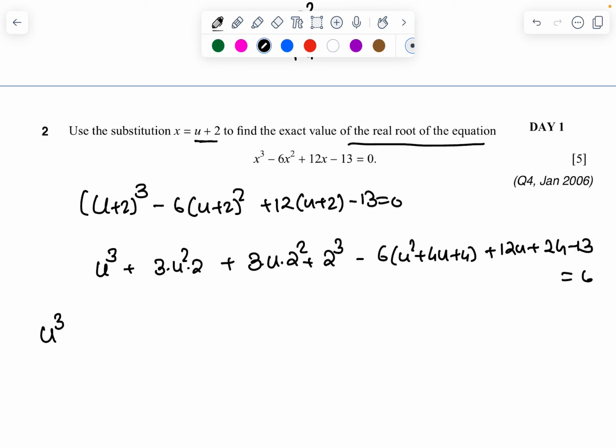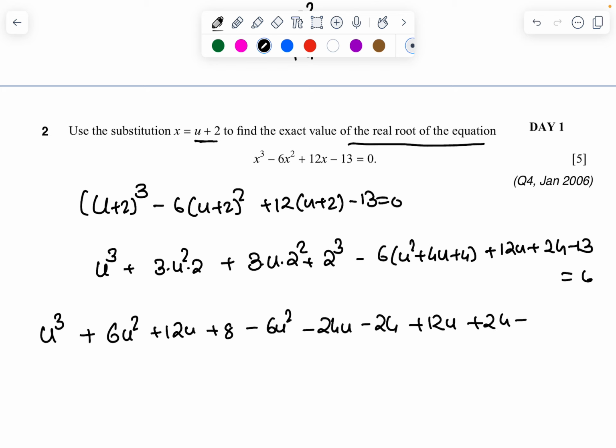So this gives me u cube plus 6u square plus 12u plus 8 minus 6u square minus 24u minus 24 plus 12u plus 24 minus 13 equals 0. Then 6u square gets cancelled. Then 12u plus 12u is 24u, 24u gets cancelled.